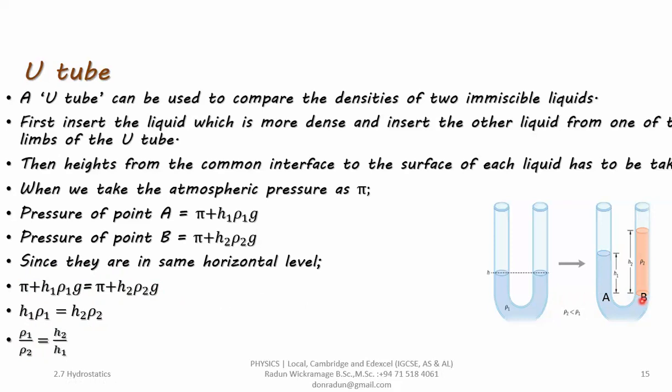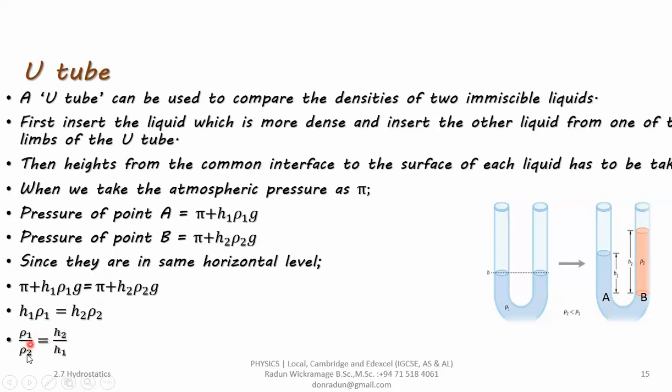Relative density means the density of the material compared to water. Here rho 2 divided by rho 1 is the relative density, and so we get it as h1 over h2, the reciprocal of h2 over h1.